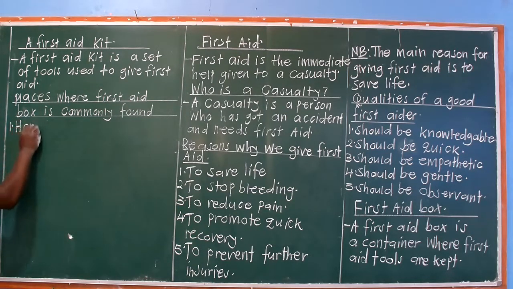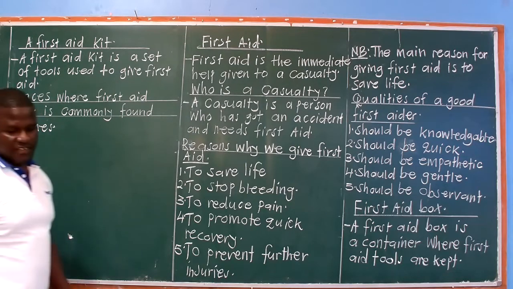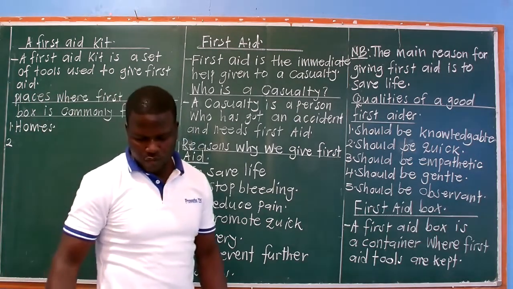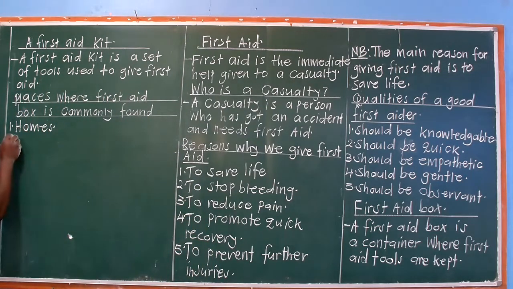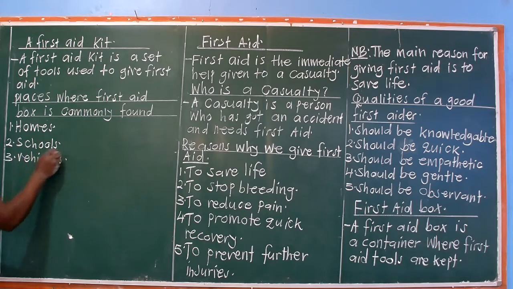1. Homes. Yes, homes should have a first aid box. You should have one at home. 2. Schools. 3. Vehicles, like taxis, especially public vehicles.